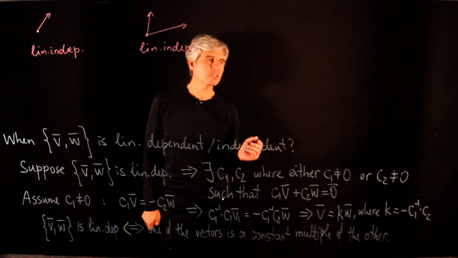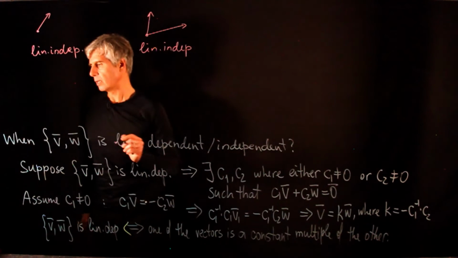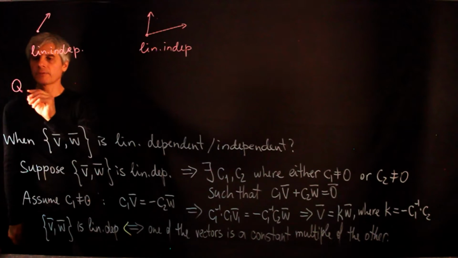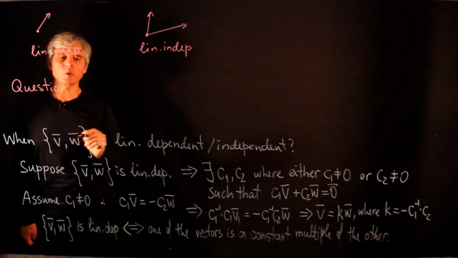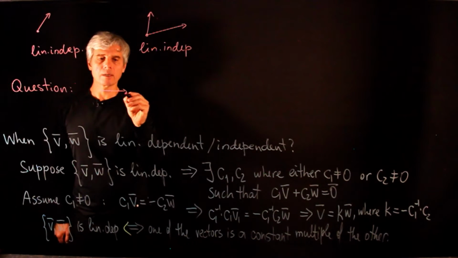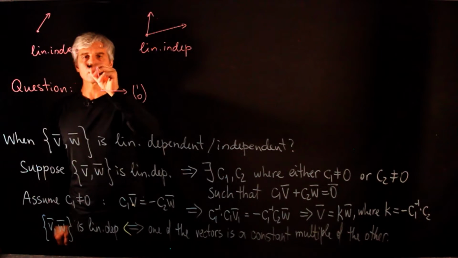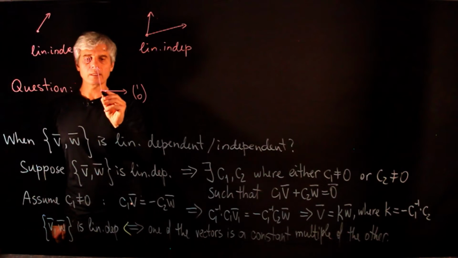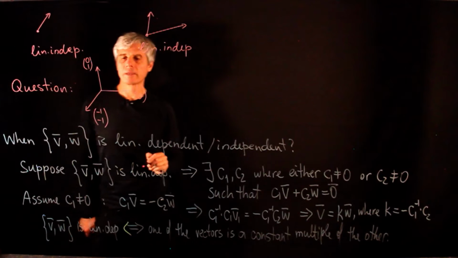Now, for three vectors, the situation is a little bit more complicated. For example, let's ask the following question. Suppose I take three vectors on a plane. So this vector is 1, 0. Then this vector is 0, 1. And I'll take the third vector, -1, -1. Right?